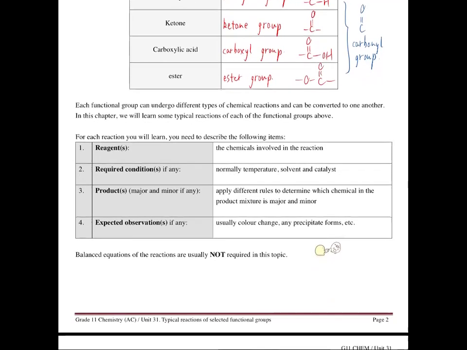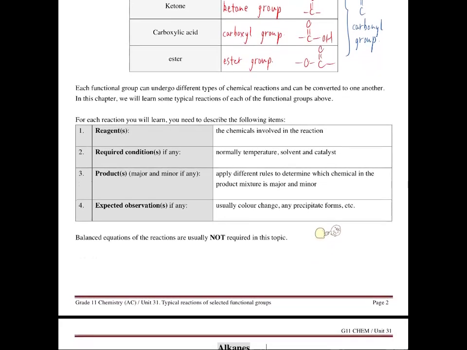And lastly, you are expected to state the observations. For example, any color change, that's the most significant observation you may think of. So for every reaction, remember we need to go through all 4 points, okay?